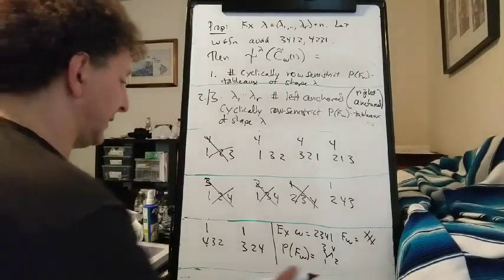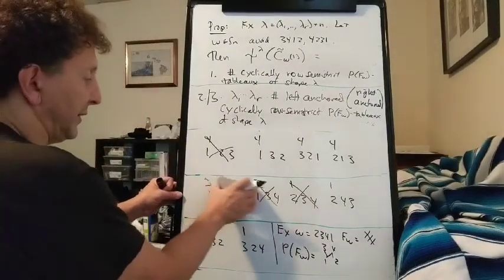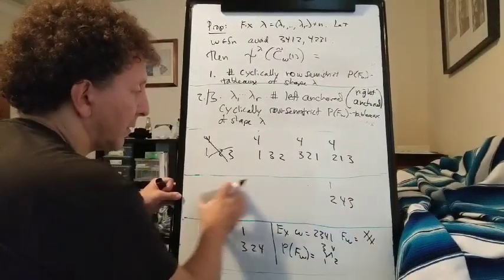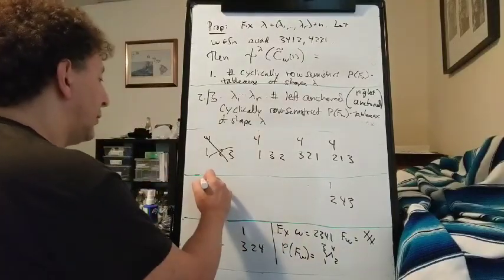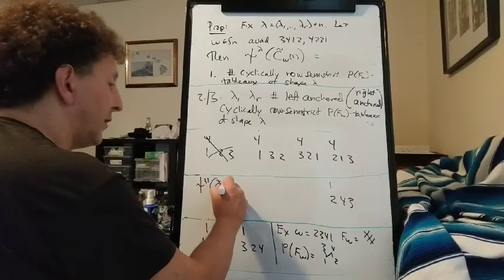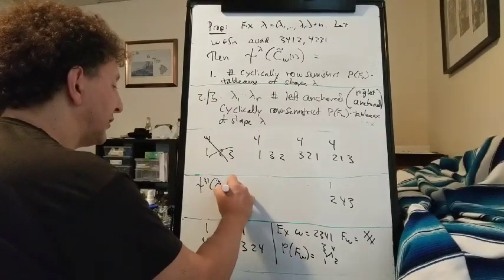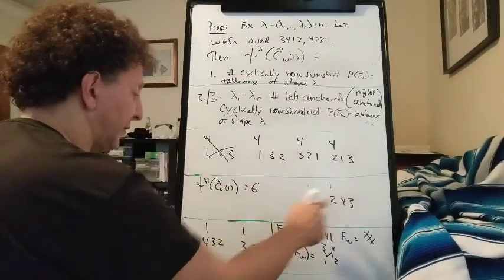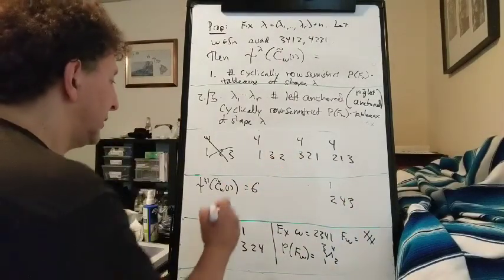Then in that case, let me erase these bad tableaux to make more space. We have psi 3, 1 of the Kazhdan-Lusztig basis element C_w equal to 6 for the 1, 2, 3, 4, 5, 6 tableau.